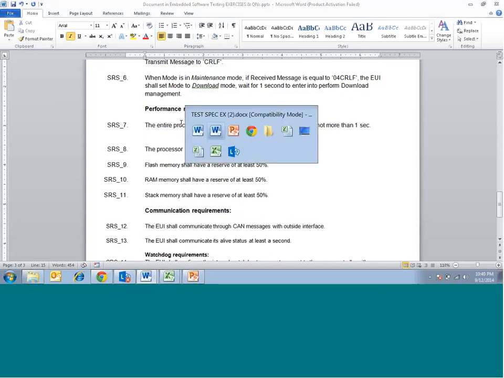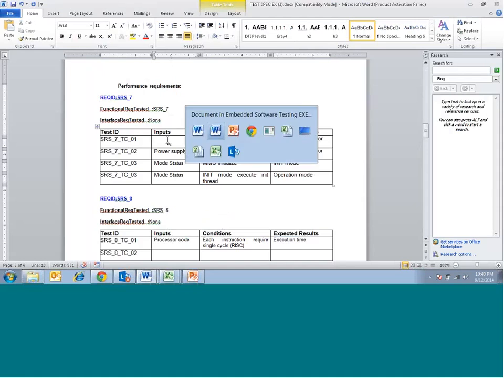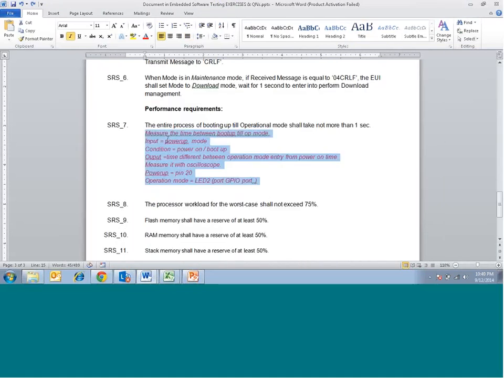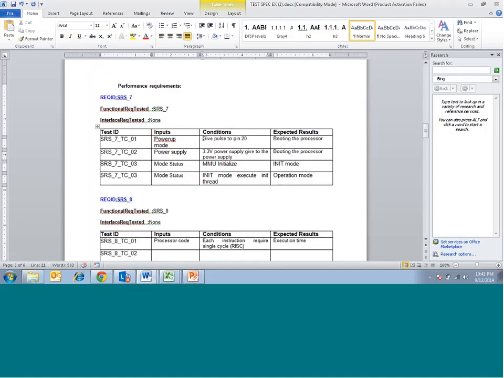So input is power up mode. We need to give a pulse or reset to pin 20, booting the processor, and measure using the oscilloscope. The expected result is less than 1 second.